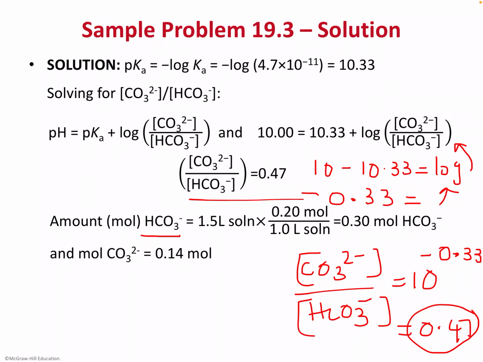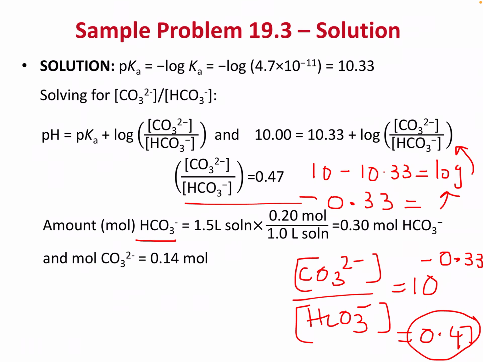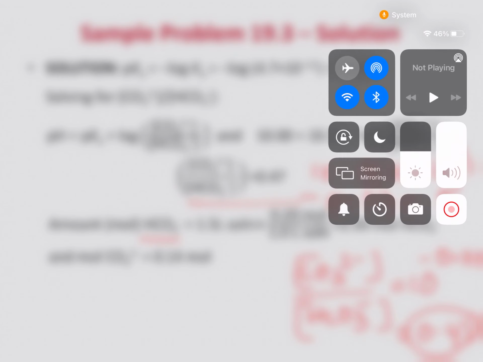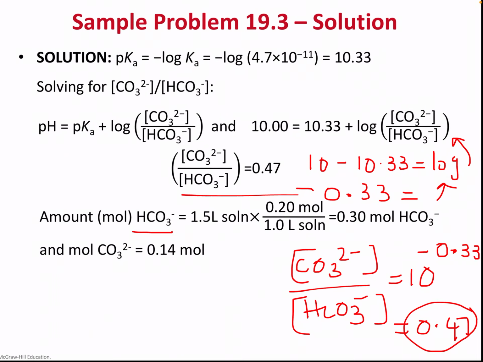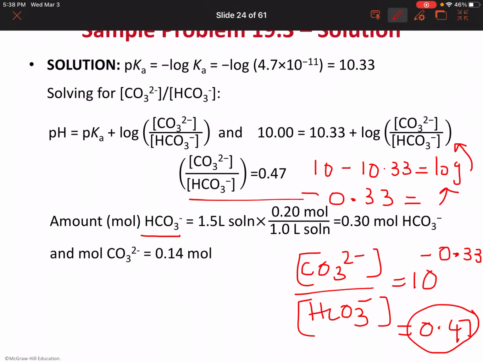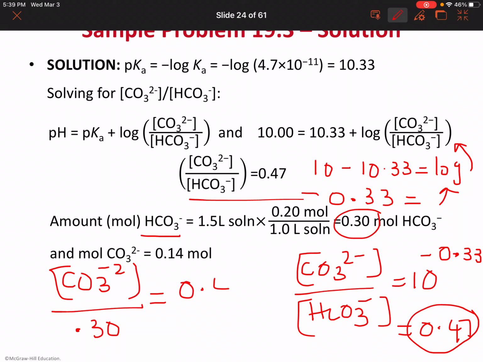So in this expression that we just found, carbonate over hydrogen carbonate, where hydrogen carbonate is 0.3, equals 0.47.